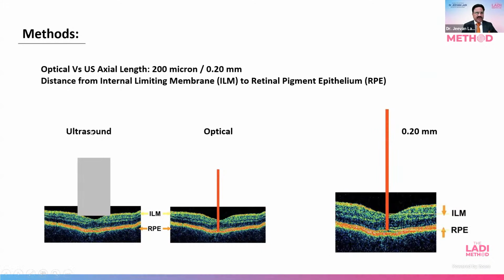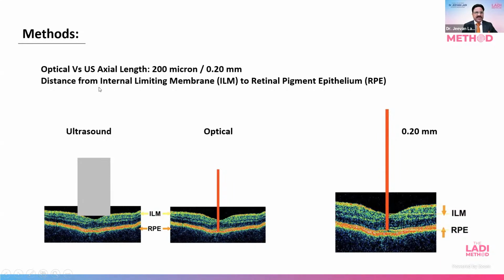As you can see here, in ultrasound, when it goes inside the eye, since the beam breadth is more, it cannot enter into the foveal pit. It gets started at the internal limiting membrane, while laser interferometry light or optical biometry light goes into the foveal pit up to the retinal pigment epithelium. So the difference between the two is 200 micron or 0.20 millimeter.